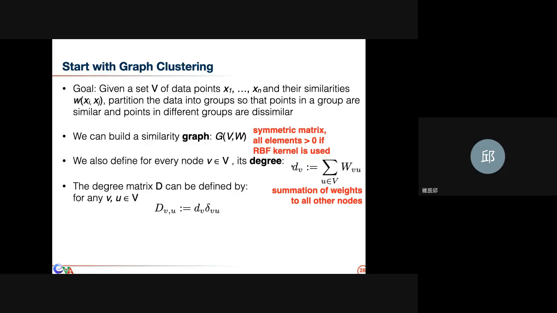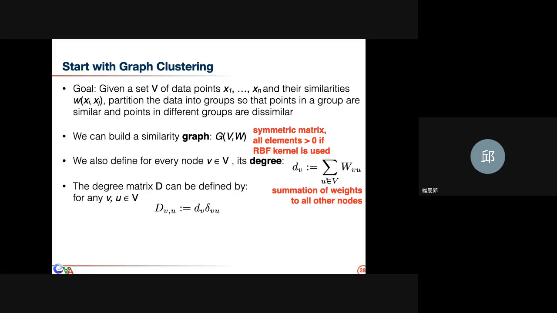The degree is the summation of the weights from this data point to all the others. For instance, given a data point V, we compute its similarity to all the other data points, and then we sum up all those weights.